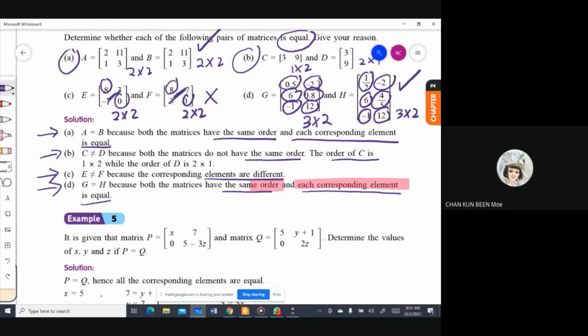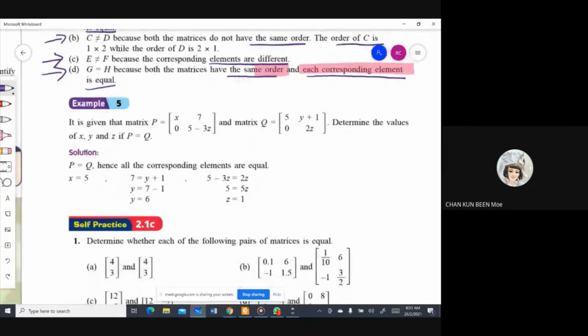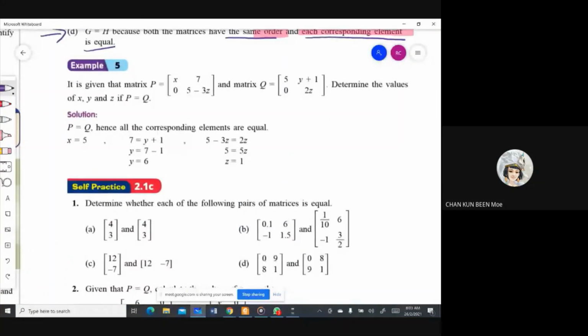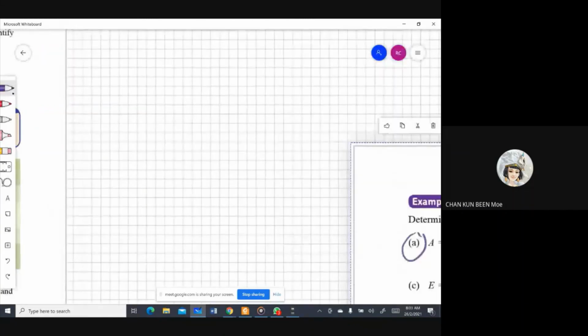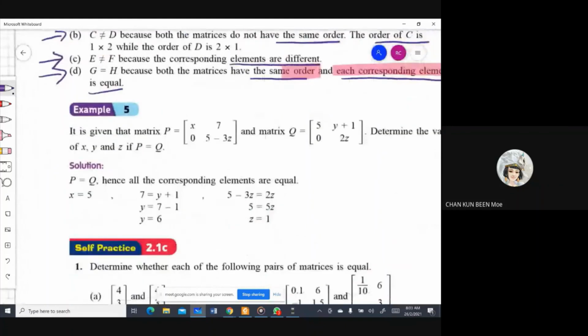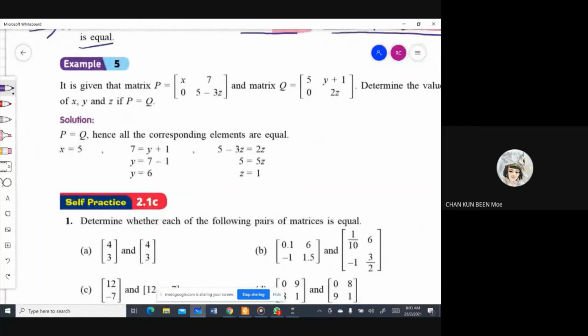Okay, now we move to example 5. It is given that matrix P equals this one.